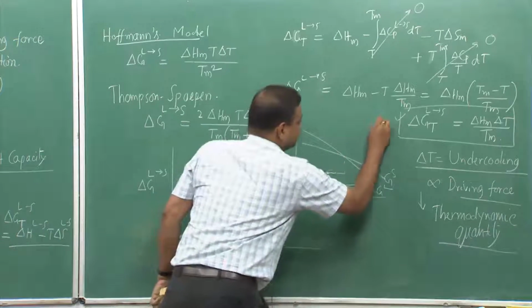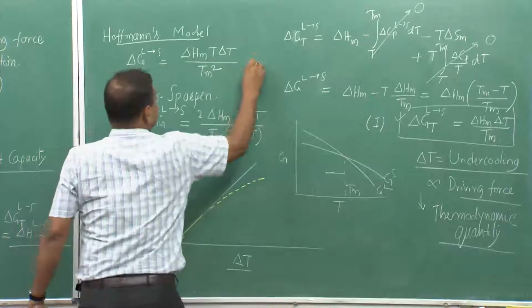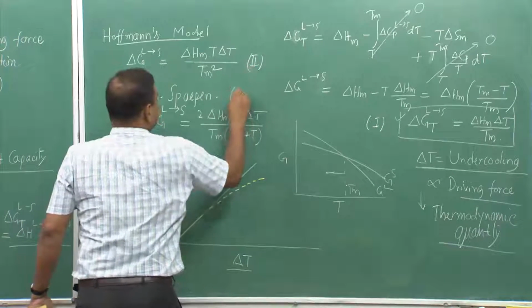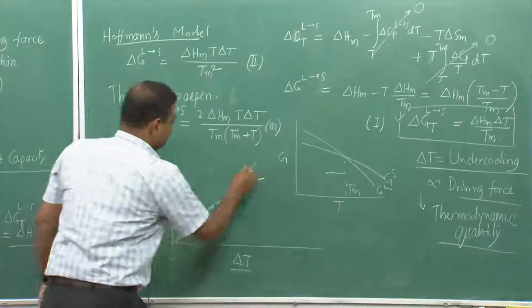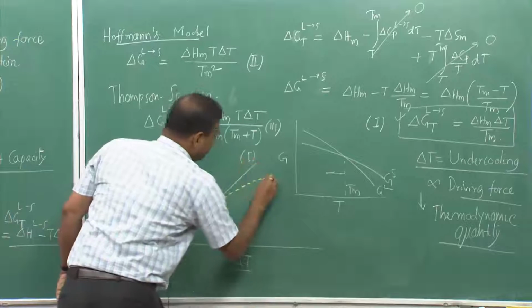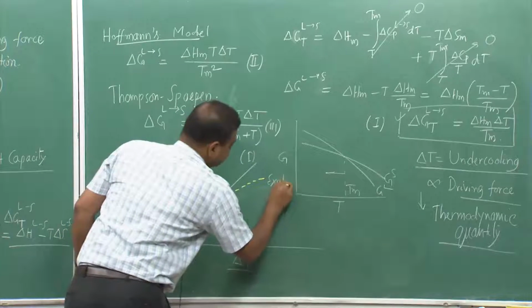Let us say this is my expression 1, this is my expression 2, this is my expression 3. So, this is expression 1, this is experimental.